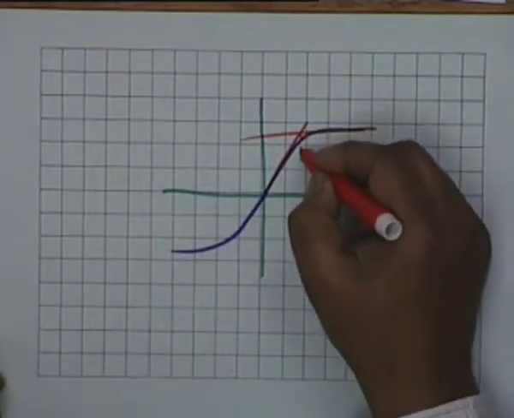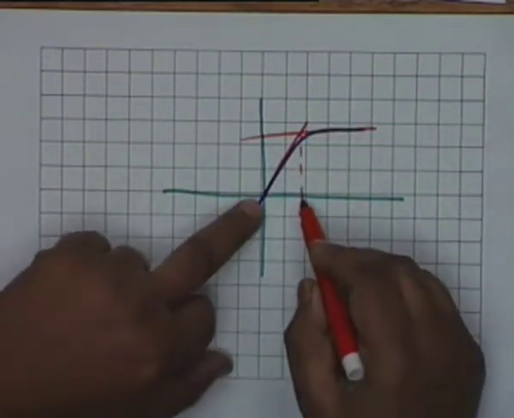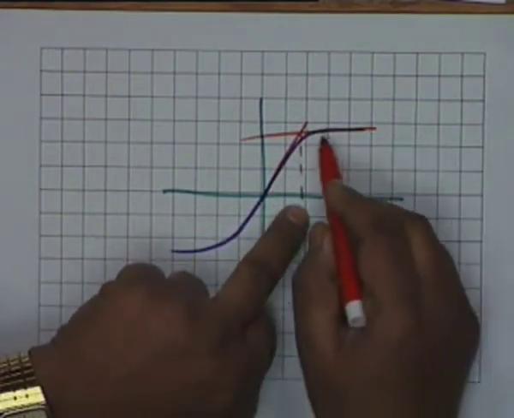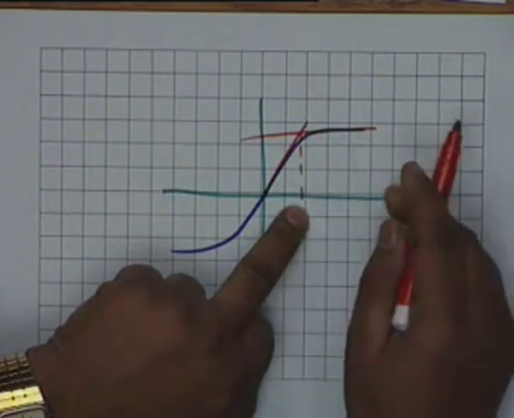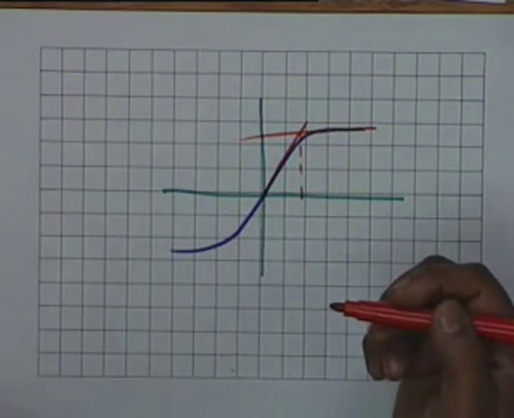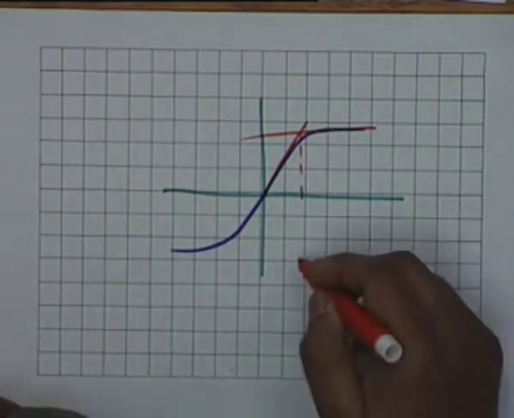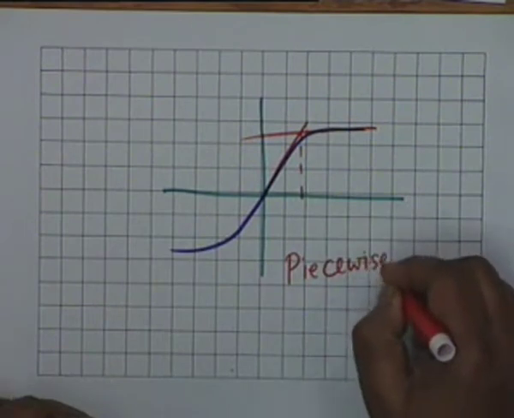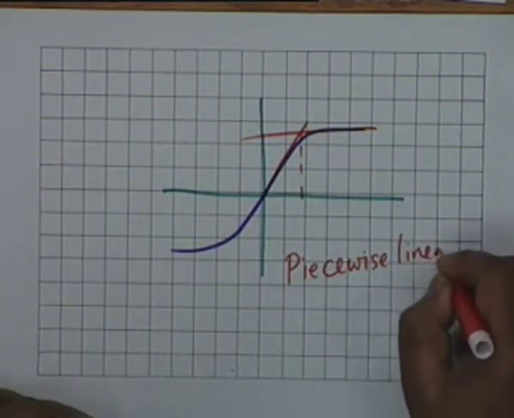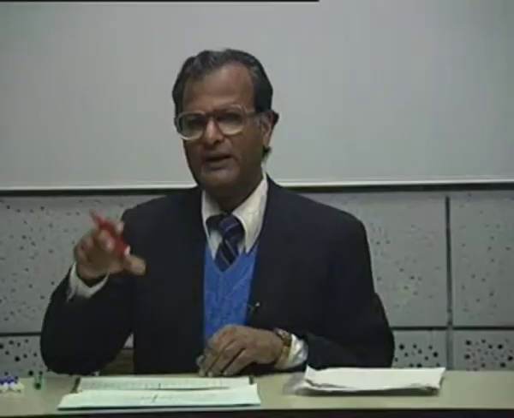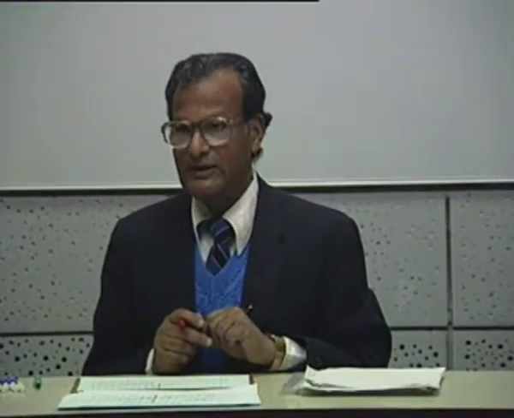So this part of the characteristic you approximate by a straight line like this, and the rest of it by another straight line like this, whose slopes are different. As you will see later, such approximations have the obvious name piecewise linear approximation. That is, you choose pieces of the characteristic curve.